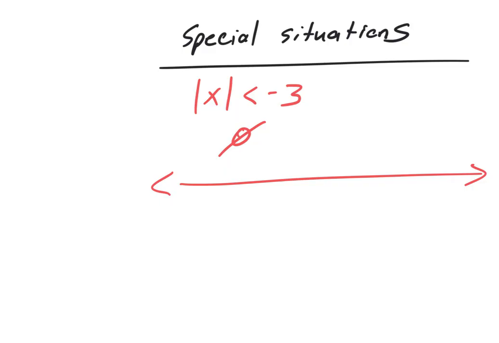Yeah, it's just a blank graph. There's no numbers on that graph that make this work, which means there's also no interval notation either. And so it's just no solution. So kind of weird, kind of different, but it still works the same way as an equation would work.